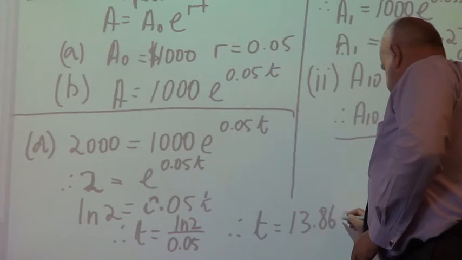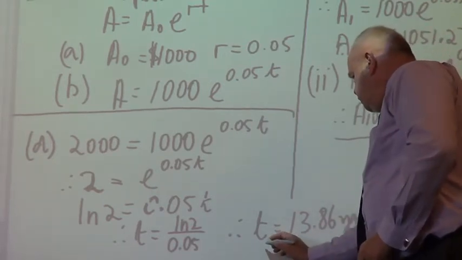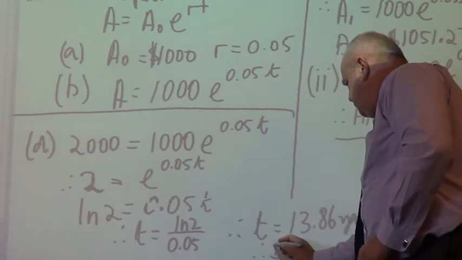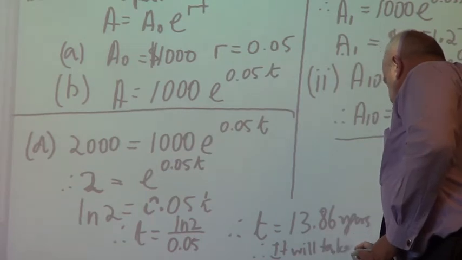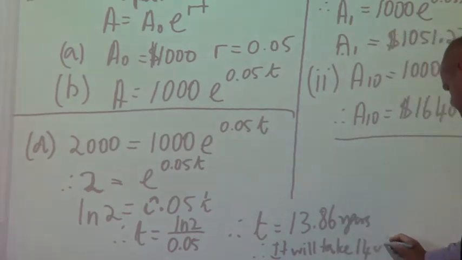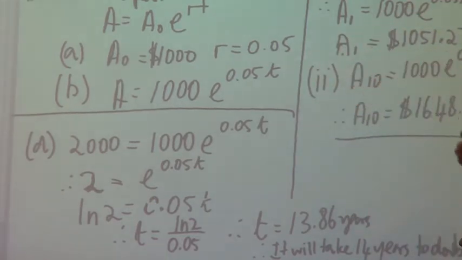13.86 years. They wanted to know to the nearest year, so it will take 14 years to double. Now, why hesitate? These are continuous interest compounding problems.